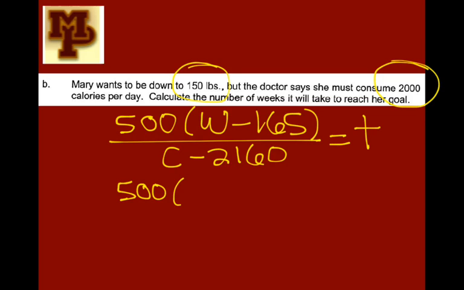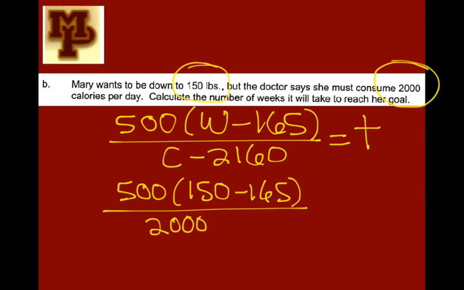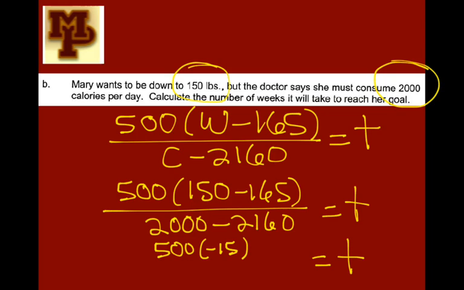So we got 500 times the weight, 150 minus 165, over the calories, 2,000 minus 2160, equals T. So grab a calculator, and that's going to be 500 times, and of course that's minus 15, divided by, and this is a negative number, so that's negative 160.